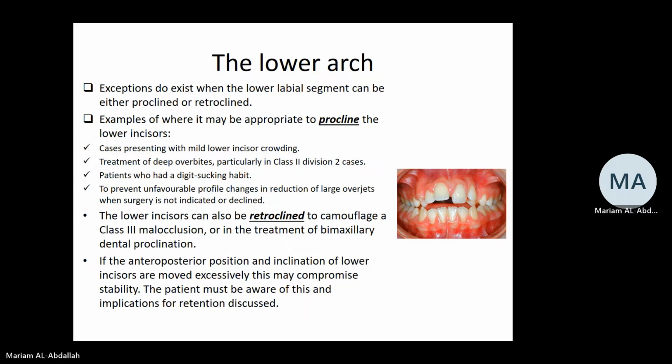Okay, so if the anterior-posterior position of the incisors is compromised, we need to talk about sometimes permanent retention. Okay, it's never acceptable to compromise the position to the extent that we compromise the oral health, for example, leading to gingival recession or bone dehiscence. Okay, we can compromise stability, but not oral health or function.